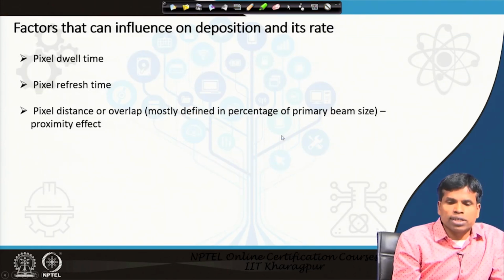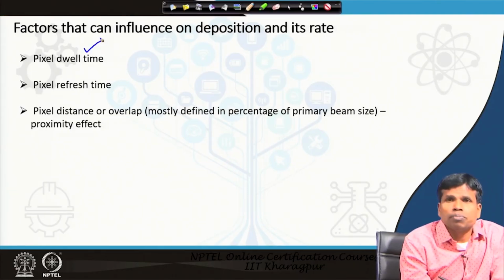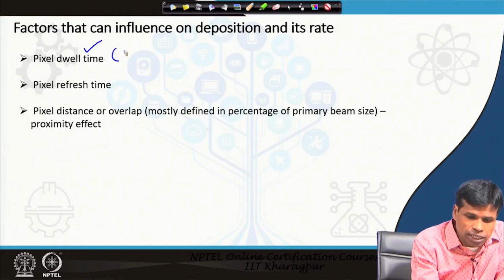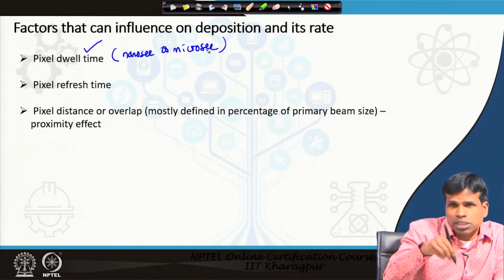The factors that influence the deposition and its rates are, first, pixel dwell time. Pixel dwell time is normally in the nanosecond to microsecond range. It is how long our ion beam stays at one spot.